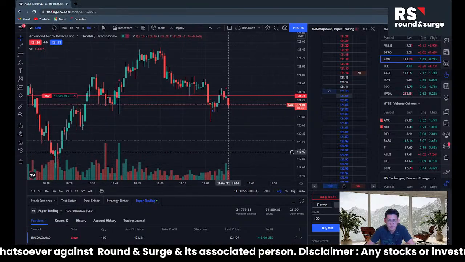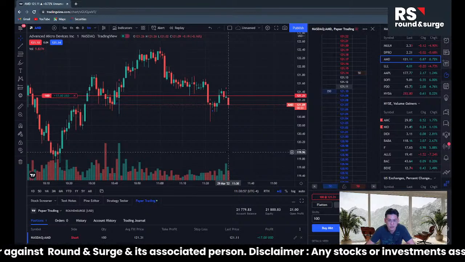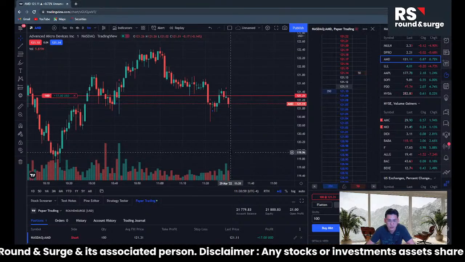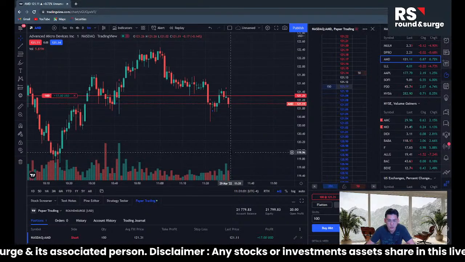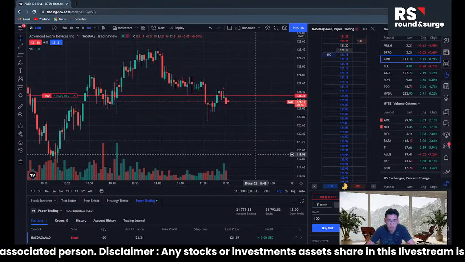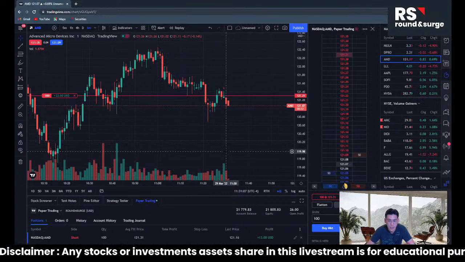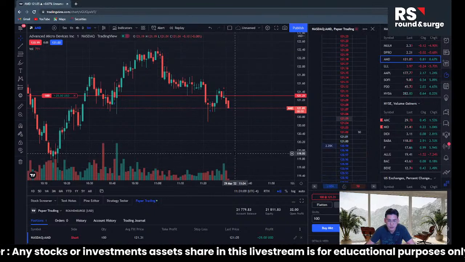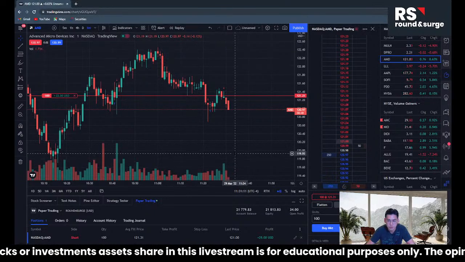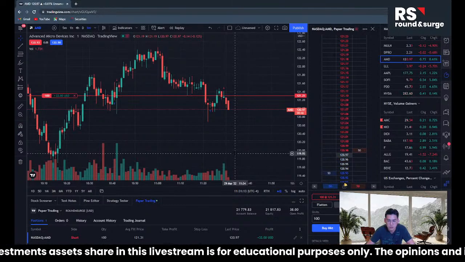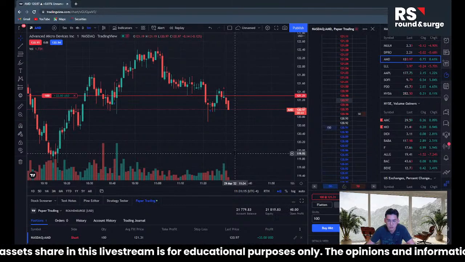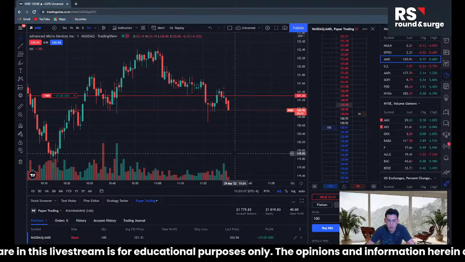53, 55, end of this candlestick. How about the next one? Price get back up, get up higher. Quickly are being thrown back down. How far will it go?